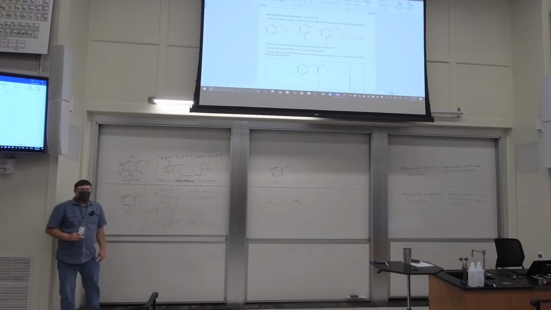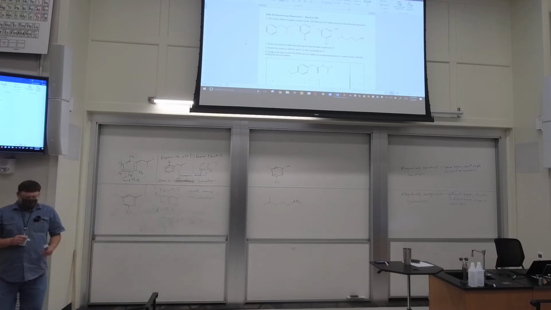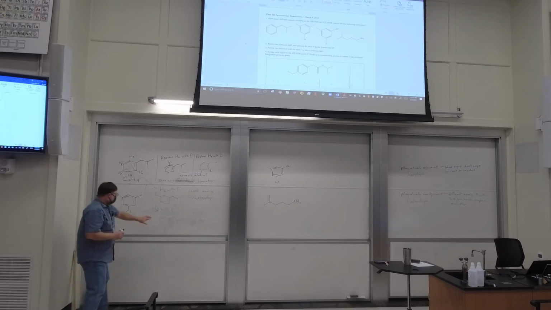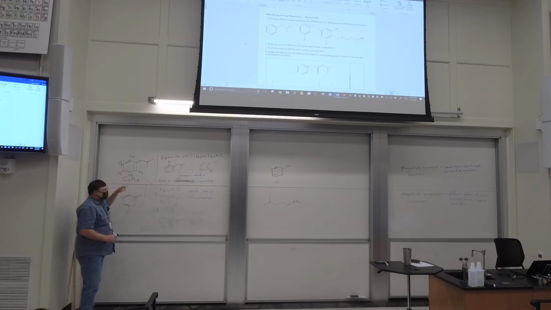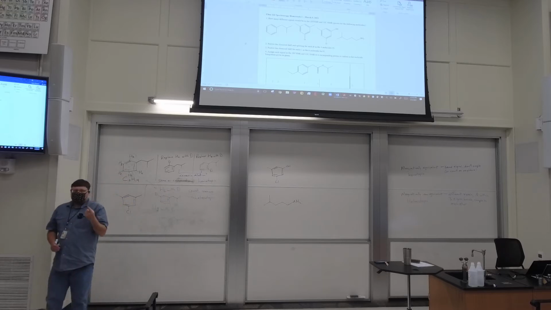Replacing HD with D, and now it's the same thing. If I take this structure and flip it over, I get the same structure. So HB and HD are homotopic, one signal.